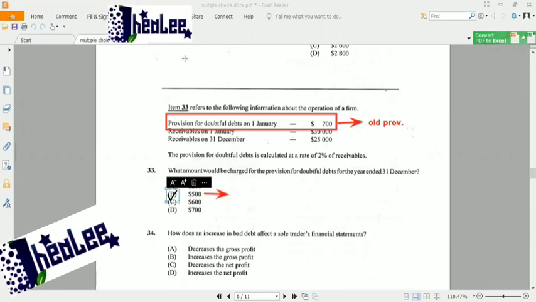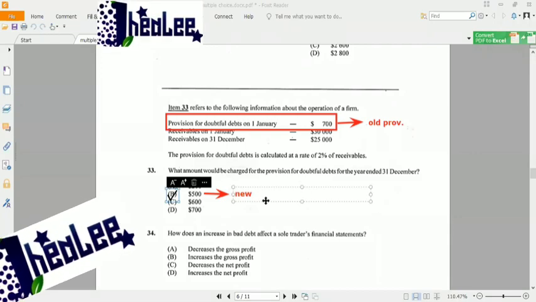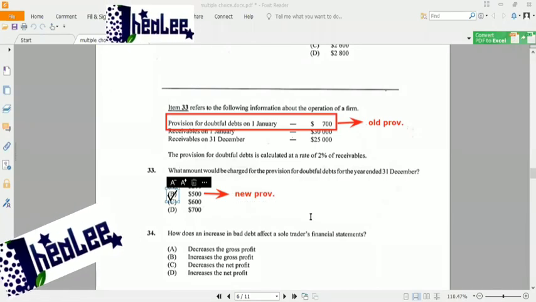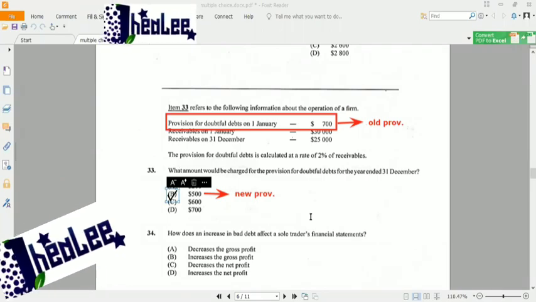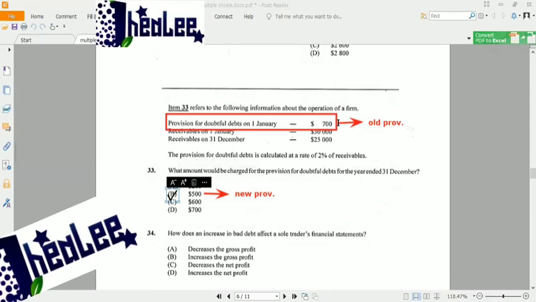would be the new provision. Now, when you're doing your income statement, what you put is the expense or the revenue for the year as it relates to your provision for doubtful debt. So what you're going to do is to find the difference.